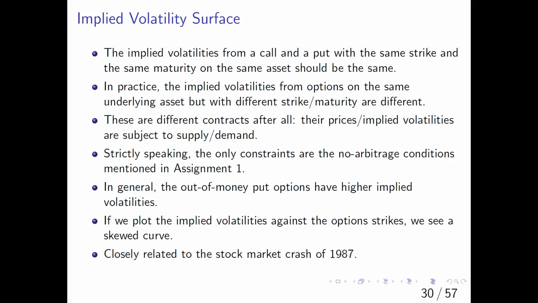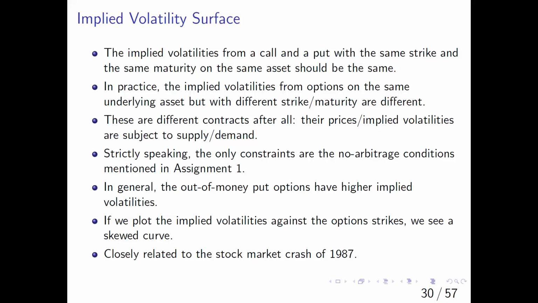Let's talk about the implied volatility surface slightly. Okay, so the implied volatility from a call and a put with the same strike and the same maturity on the same asset should be the same.